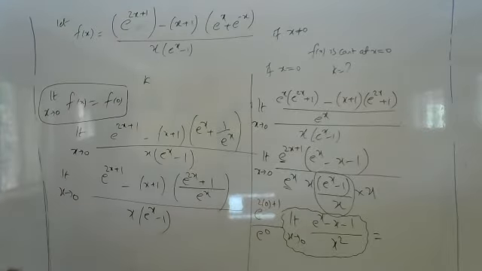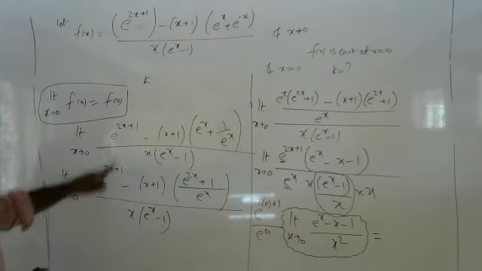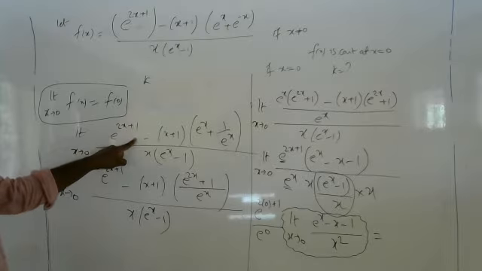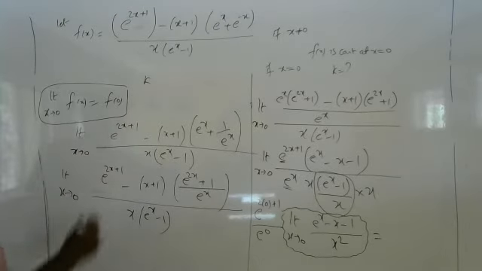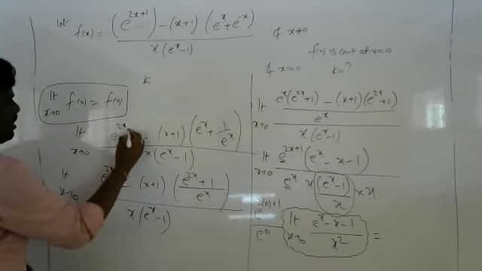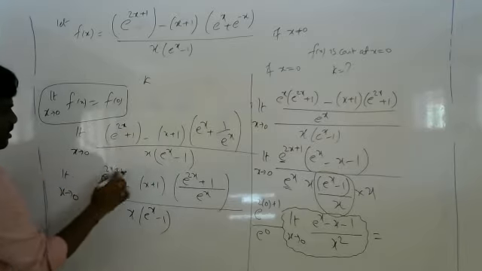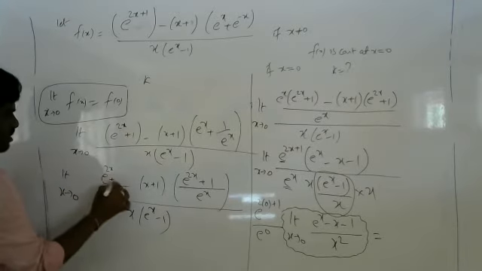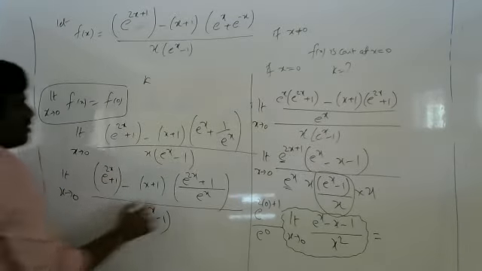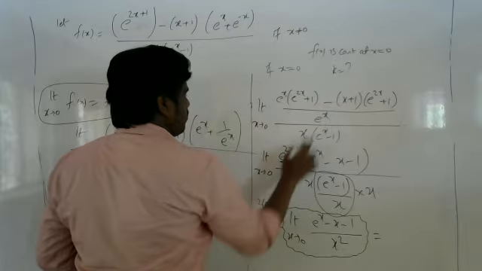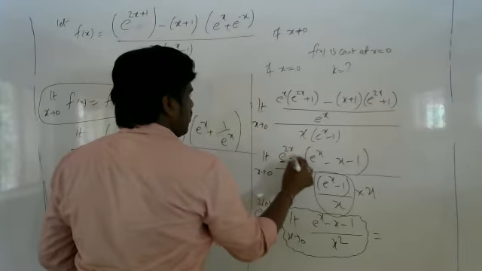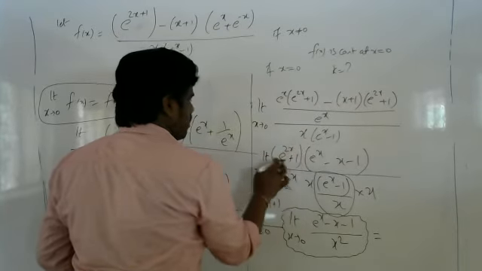Okay, e power 2x plus 1: here this is e power 2x plus 1, this is also e power 2x plus 1, and here also this is e power 2x plus 1 you took common.